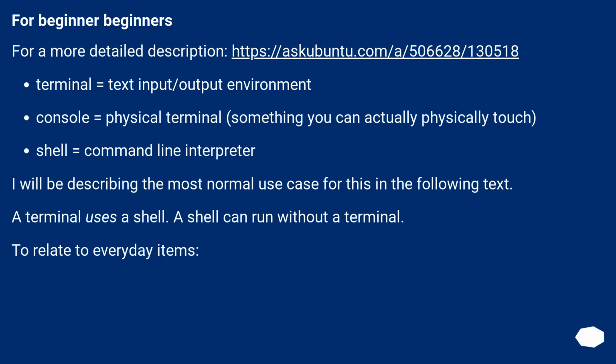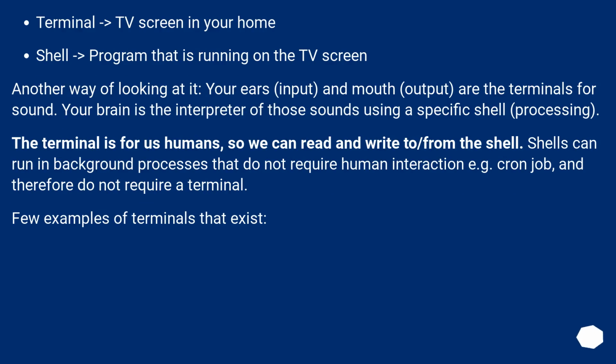To relate to everyday items. Terminal, TV screen in your home. Shell, program that is running on the TV screen. Another way of looking at it, your ears, input, and mouth, output, are the terminals for sound.